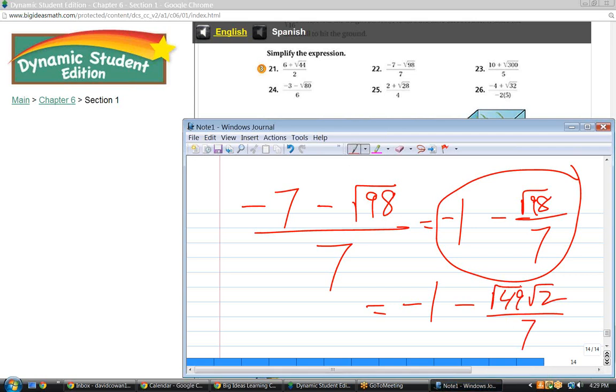Yeah, and 7 root 2 over 7. So you get minus 1 minus root 2. That's the answer. And yeah, that first step was not a bad one to take. You don't have to do that as a first step, but it works just fine.